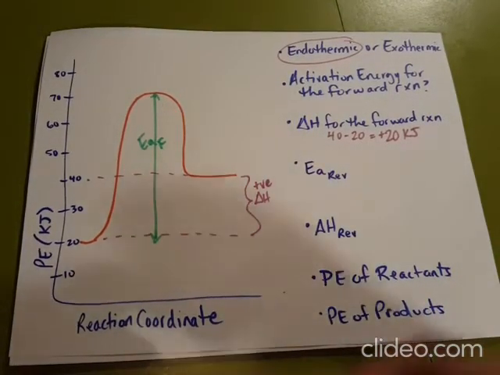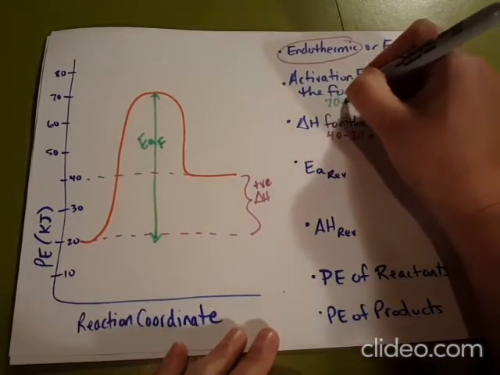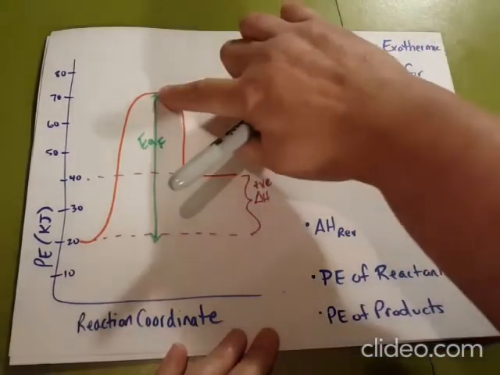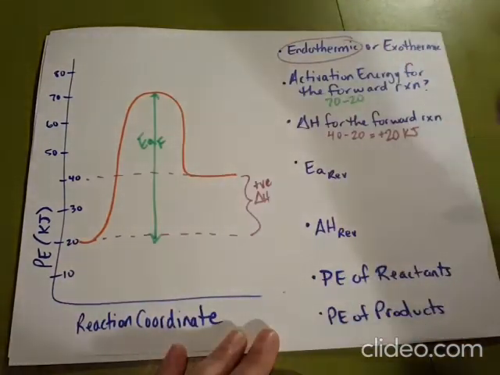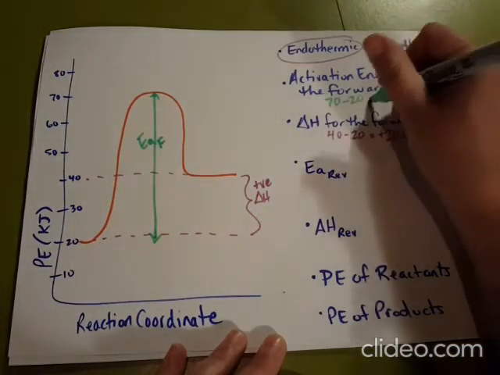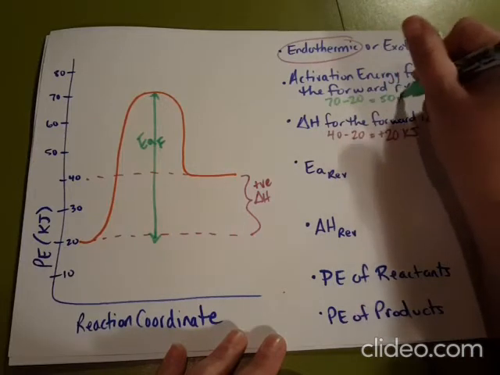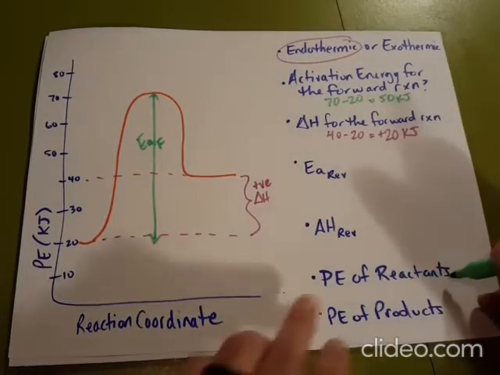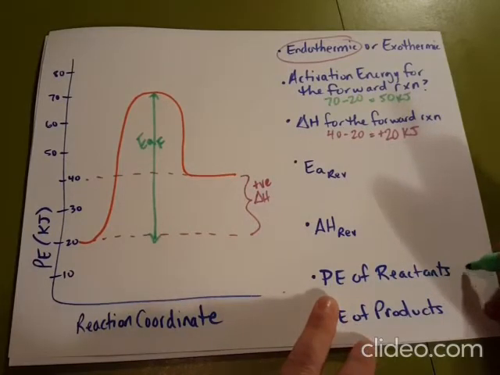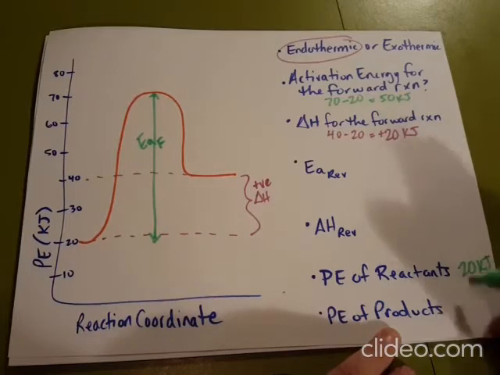So let's take a look. 70 minus 20. So 70 to the top and 20 to where the potential energy of the reactants is. In terms of the forward reaction, the potential energy of the reactants is at 20 kilojoules, and the products themselves are at 40 kilojoules.